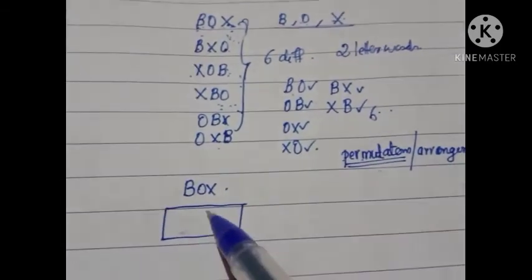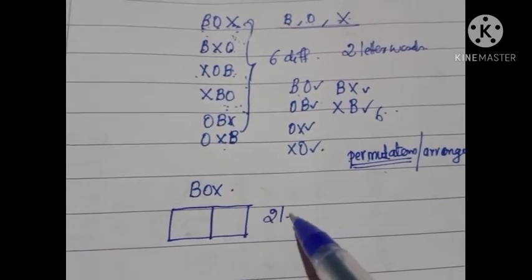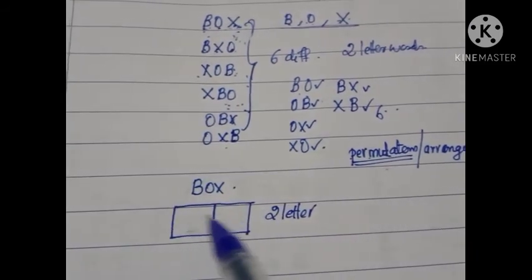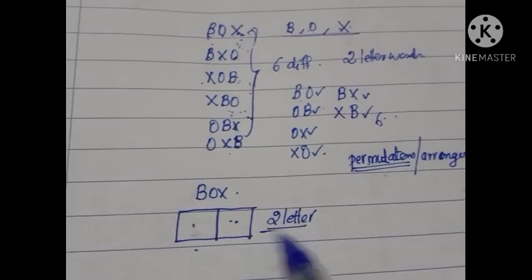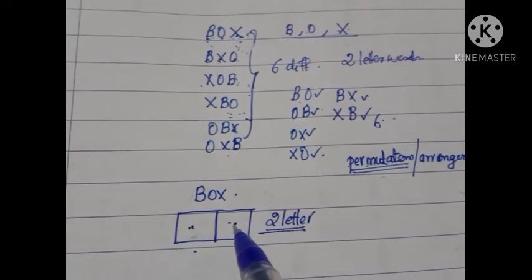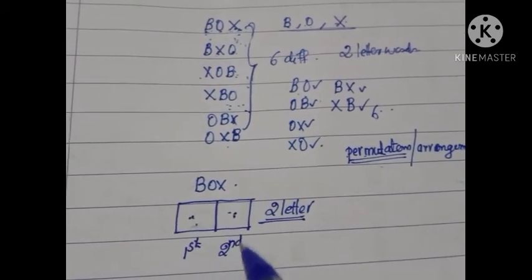Now listen, we need two-letter word arrangements. So I draw a table and divide it into two boxes because we need two letters. And listen, this is the first place and this is the second place.